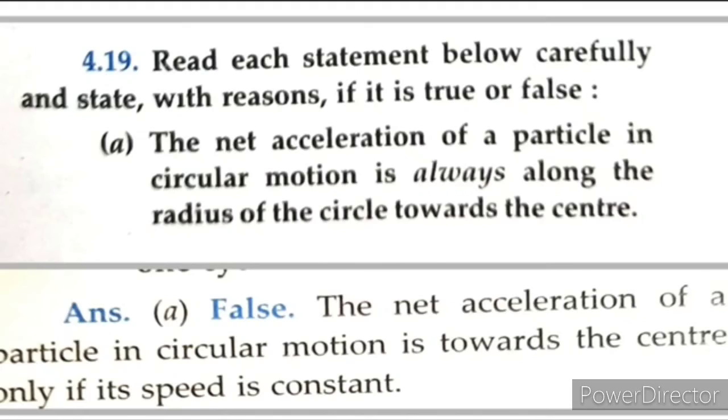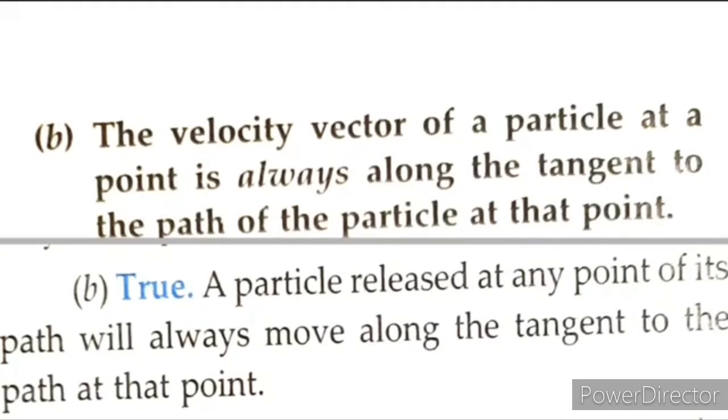Okay. Now next statement. The velocity vector of a particle at a point is always along the tangent to the path of the particle at that point. That is true, because whenever the particle is traveling along a curved path, the direction of velocity is given by the tangent to the path at that point.